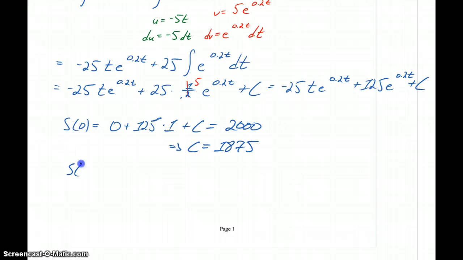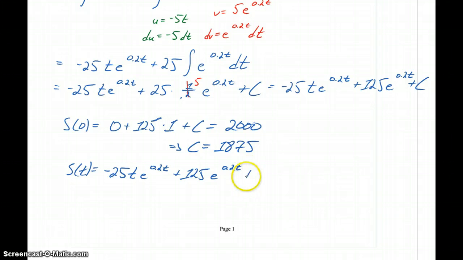So we get a sales function, S of t, equal to negative 25t e to the 0.2t plus 125 e to the 0.2t plus 1,875. So we have our sales function.